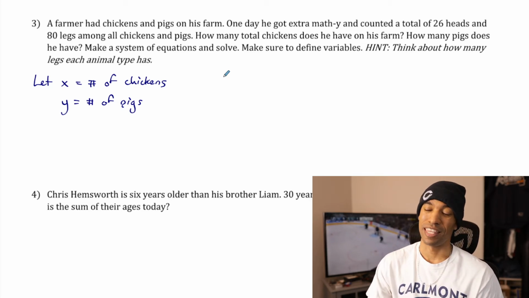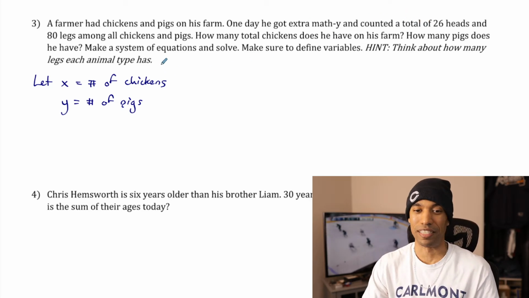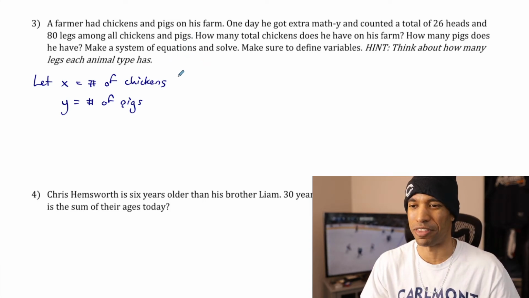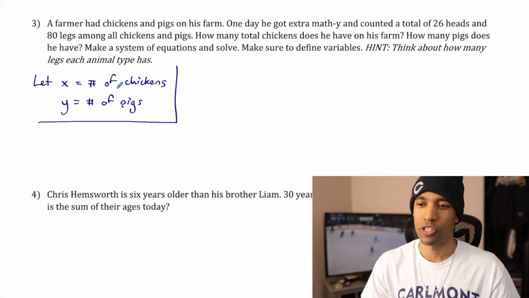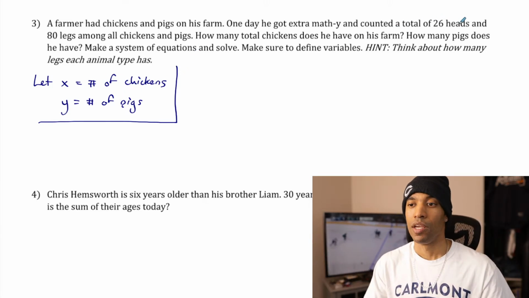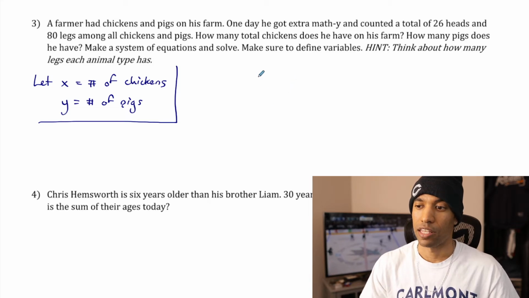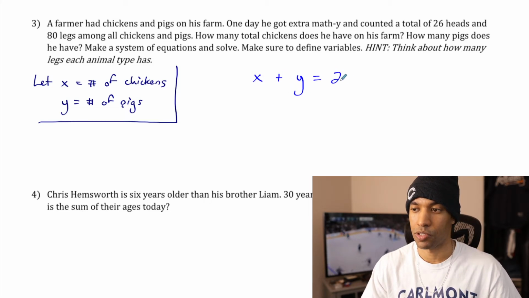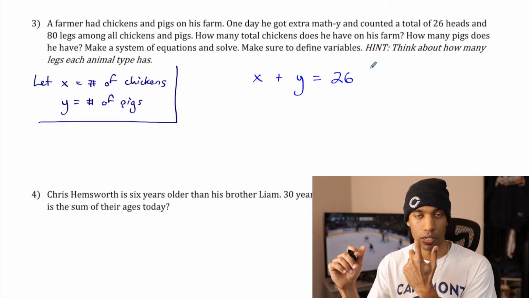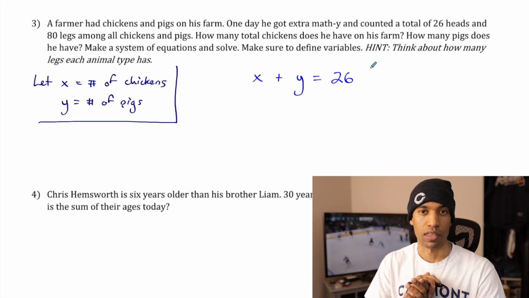They never said these are alive, but let's speak to the larger crowd here that's going to say they're alive and well. So number of chickens plus number of pigs is also the same as number of heads when you combine them. So when you add the number of chickens and the number of pigs, you get 26 total animals. It makes sense that you're associating number of heads with number of animals. So that's an equation that we can associate there.